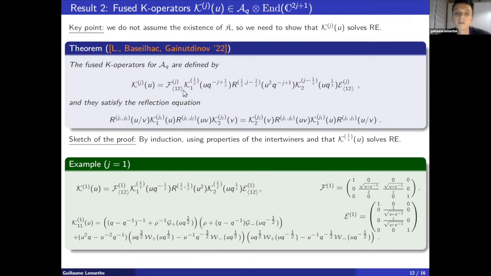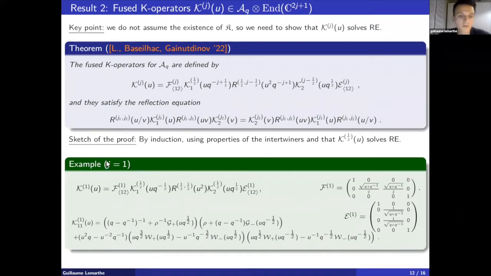And we can show by induction that these fused K operators satisfy the reflection equation, the generic one, with any J1 and J2. Okay, so the only thing I didn't give here is that you get some analogous formula for the R J1, J2, using also these F and E. So inserting everything, you can show by induction that it holds.